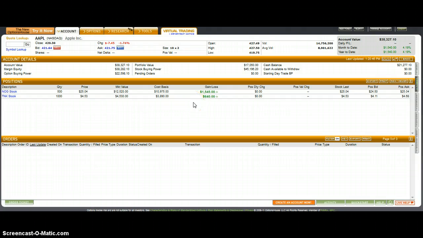A lot of my clients ask me what a margin account is or want more information on it. A margin account, of course, applies to your normal trading account, not your virtual account. It's an account that you would use if you want to trade on borrowed money. You basically would borrow money at some interest rate from your broker to trade with.